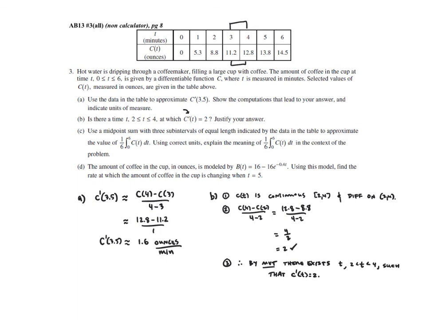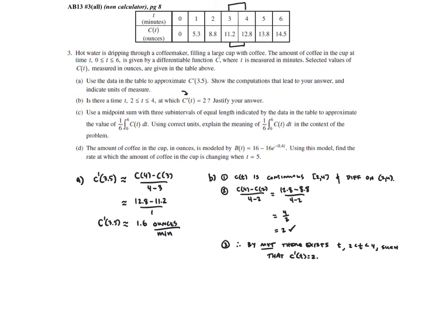Because the slope of the secant line from 2 to 4 equals 2, that guarantees by the mean value theorem that there is a t value between 2 and 4 such that C prime at t is equal to 2. All right, let's move on to part C.